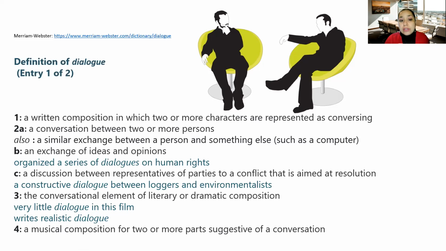And I left it like this because the dictionary says it like this. But when you're talking about person in plural, it should be people. But I wanted to make that clear that also the dictionaries have a few mistakes. Okay. So it's a conversation between two or more people.